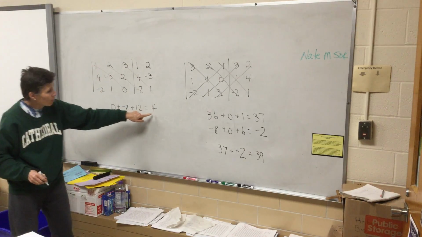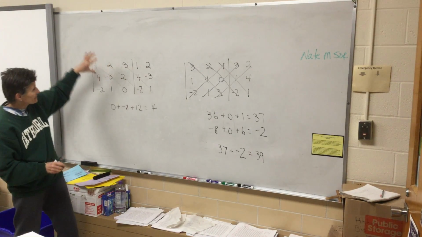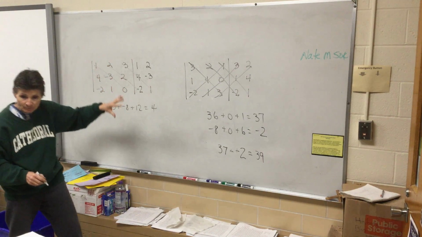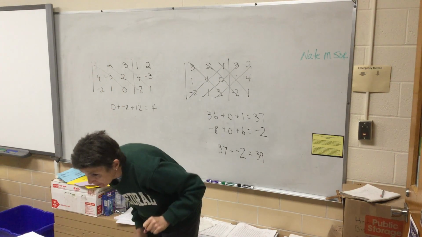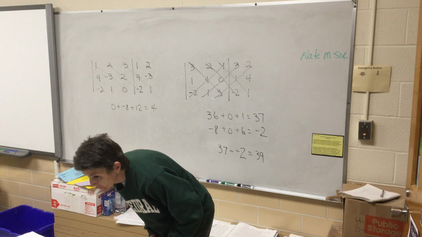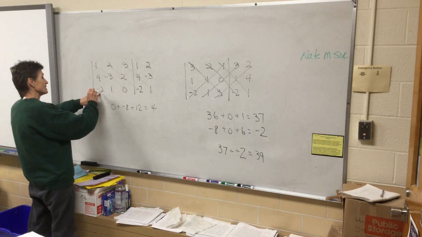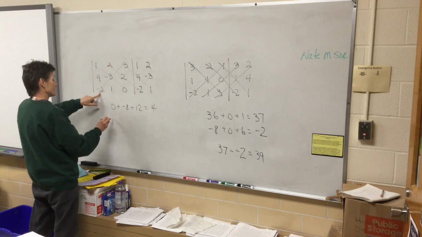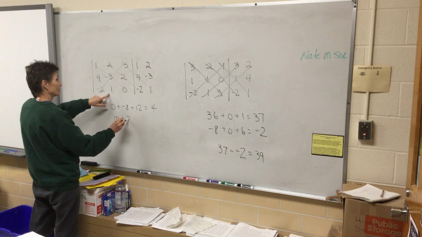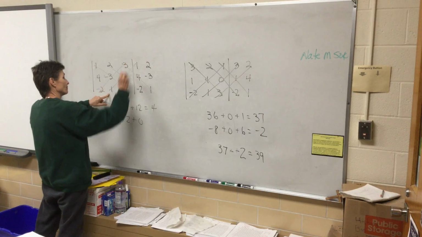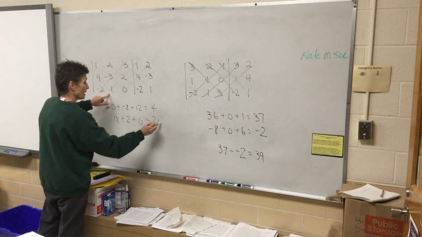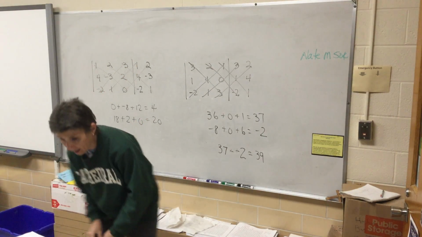I got 4 as my grand total for my down multiplications. Are there any thumbs up on that? Did anybody get 4? Good. Okay, great. Let's see. Watch all these negatives now on the ups. I got 20 for the ups.